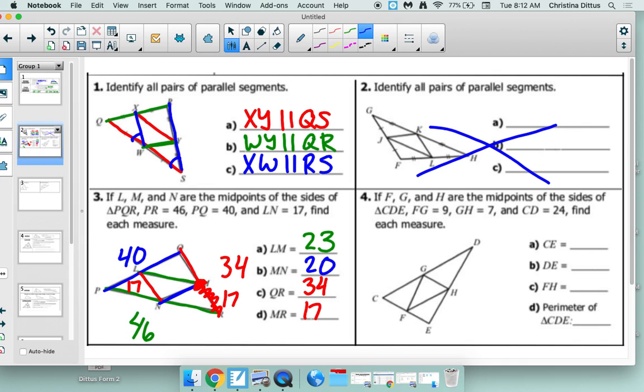Alright, here it says F, G, H are midpoints, so I have a bunch of midsegments. If FG is 9, what side's parallel to it? DE, yep. So how long is DE? Yeah, 18.